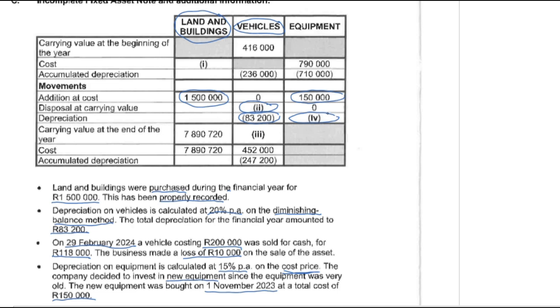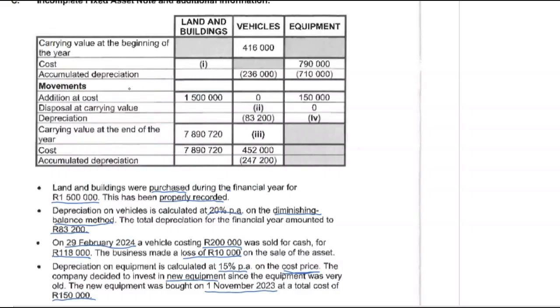Before we plunge into the calculations, it is important to note that the fixed asset note is made up of a combination of equations, and I want to bring these equations to your attention. The first equation is carrying value at the beginning of the year plus additions at cost minus disposals at carrying value minus depreciation equals carrying value at the end of the year.